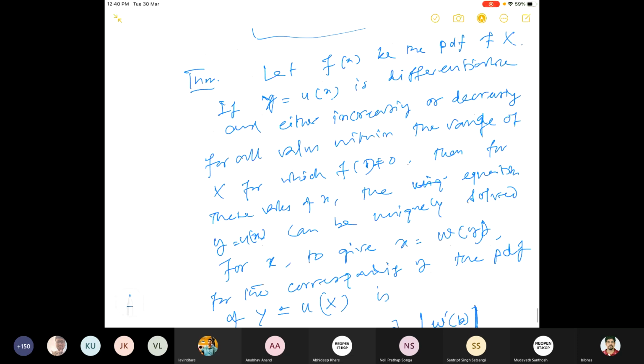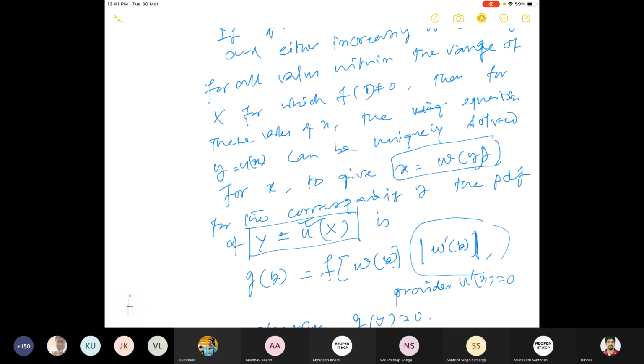So then you have to write x in terms of a function of y, and this is possible when this function u is differentiable, because here we are using differentiability. So differentiable and increasing or decreasing within the domain where f_X(x) is not equal to 0. Then this is the formula for finding the PDF of y.